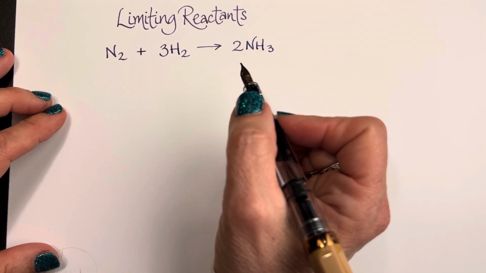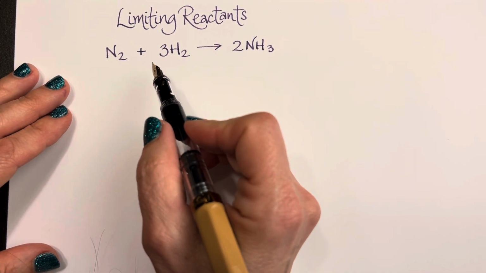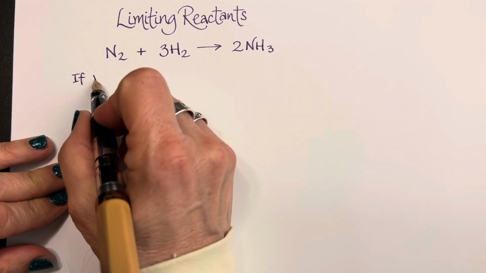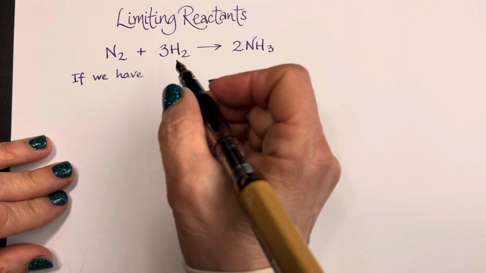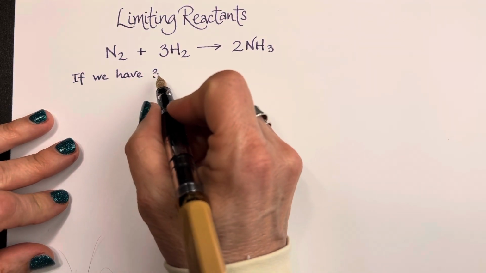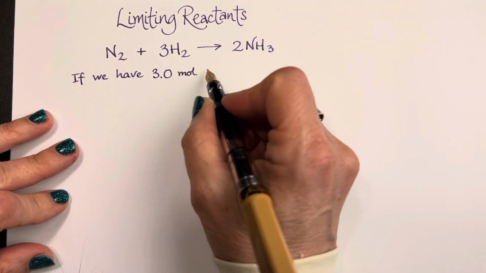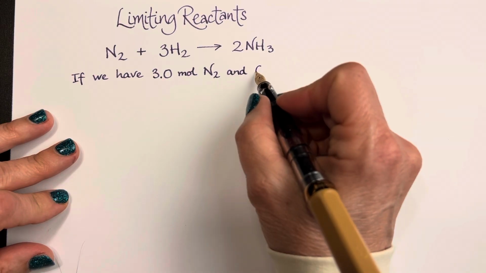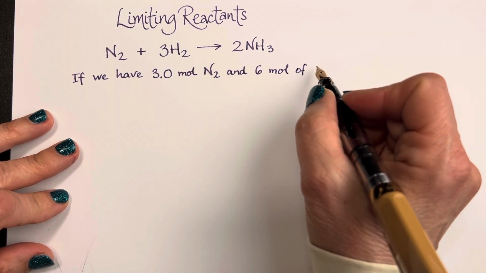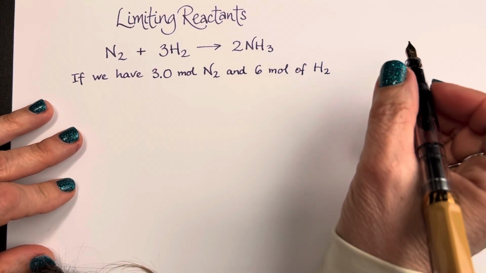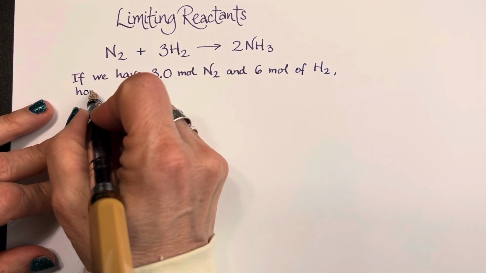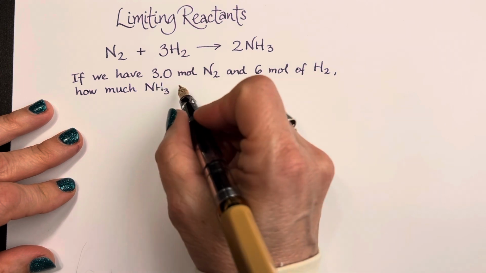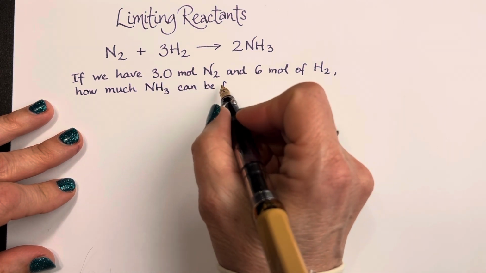And we are going to be given the information that if we have three moles of N2, our nitrogen, and 6 moles of hydrogen, how much of the ammonia can be formed?